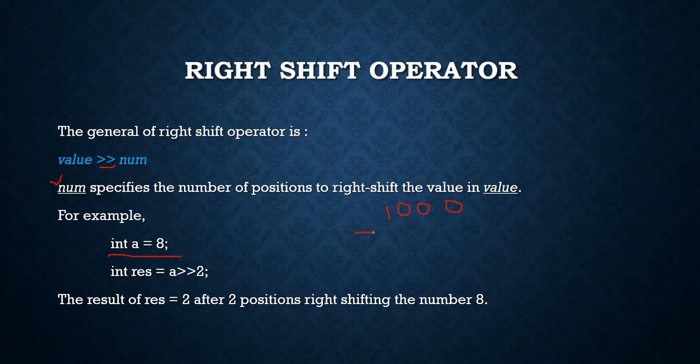The binary representation of 8 is 1, 0, 0, 0. In the first step the shifting gives 0, 1, 0, 0. And in the next step, it shifts again to 0, 0, 1, 0. So we are moving the positions towards the right. The equivalent number for this binary representation is 2. So the result will hold the value 2 after right shifting the number 8 by 2 positions.